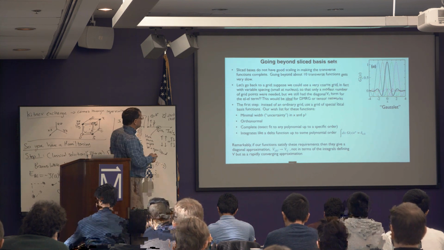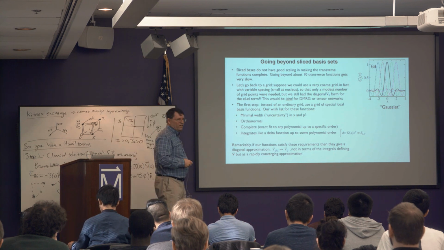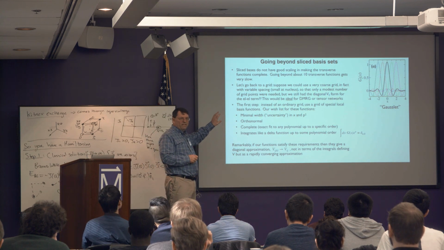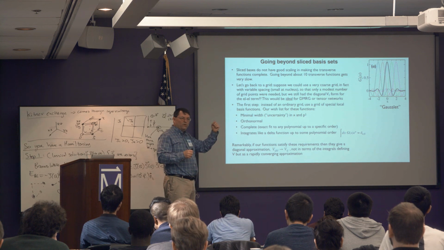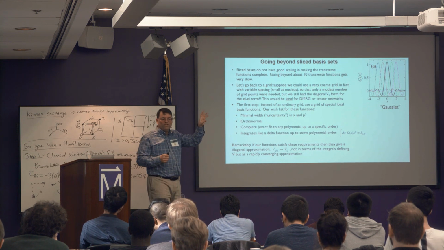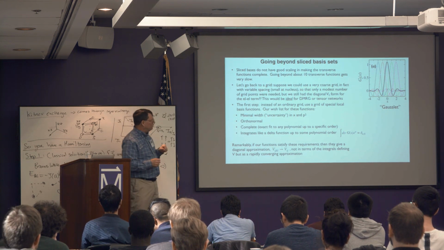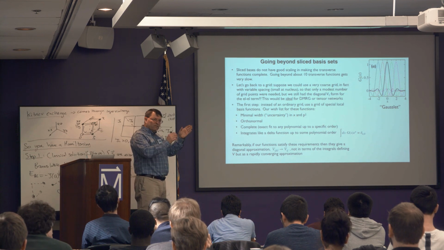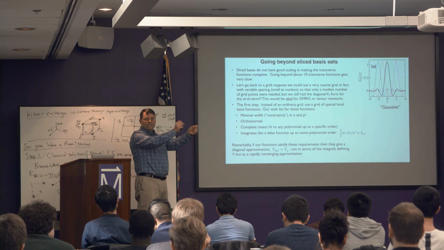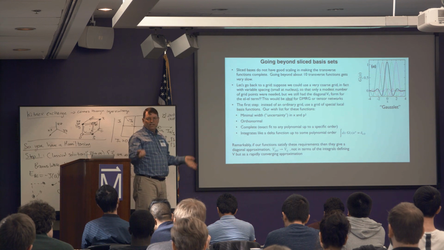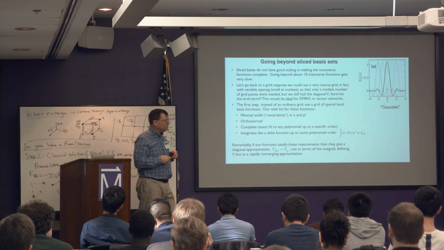Suppose we could make a very coarse grid. When I gave this estimate of the number of grid points, that was using the spacing of 1/20th that we used in the 1D calculations. If your grid spacing was only of order 1 atomic unit, you'd be back in the ballpark. You'd have on the order of a few thousand functions, and you could do something.